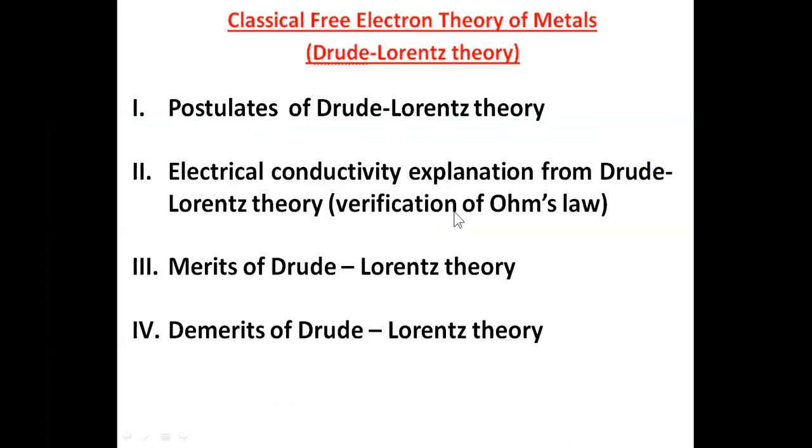Followed by, we will be verifying Ohm's law in metals using this free electron theory of metals. Followed by the merits of Drude-Lorentz theory as well as demerits of Drude-Lorentz theory. This is what we are going to see in today's class.